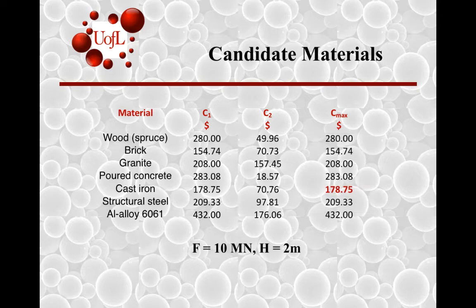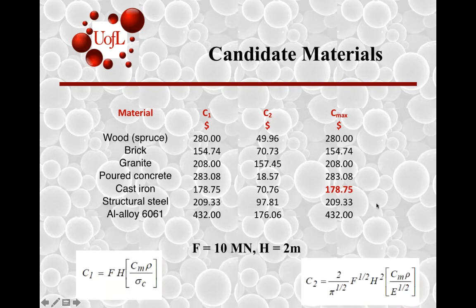Using the min-max principle, you use the larger of the cost that will satisfy both the constraints, compressive load and buckling, for each material, and then you choose the cheapest material that satisfies both constraints.